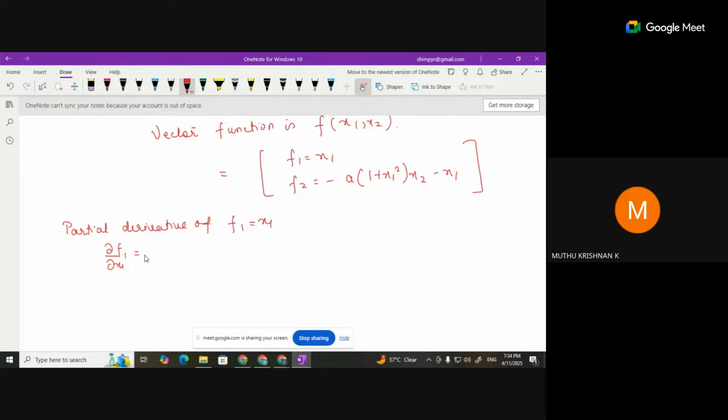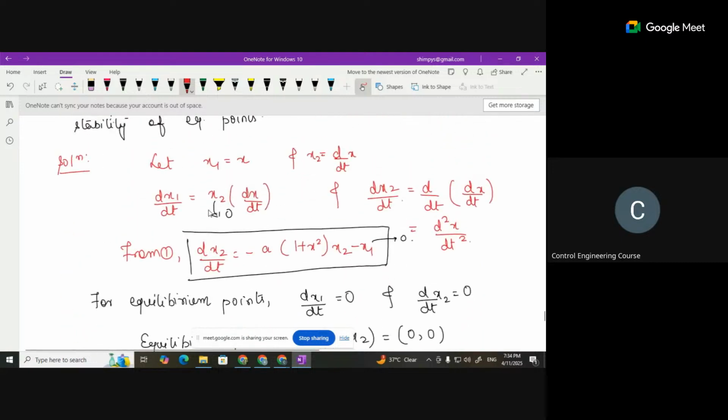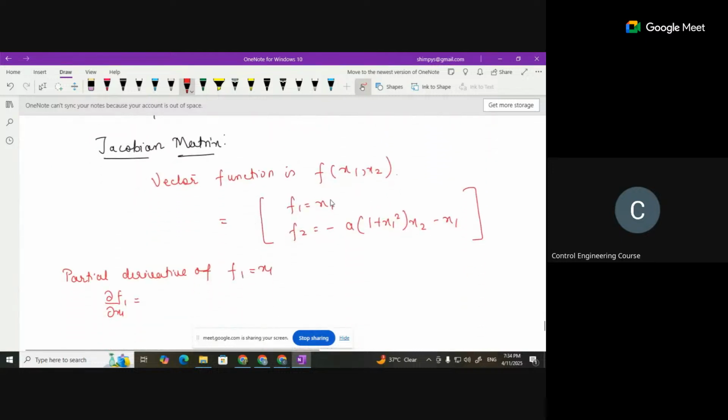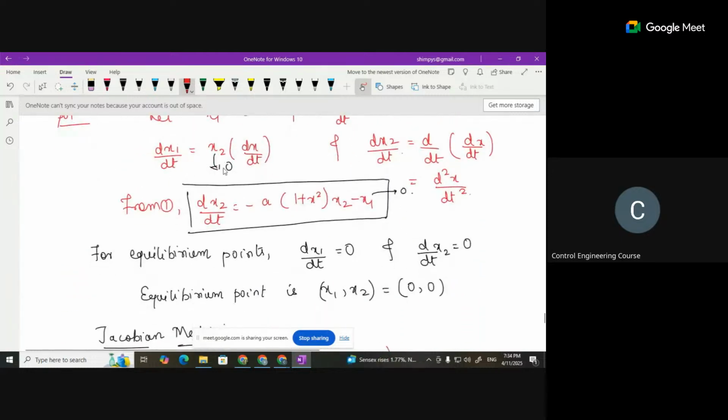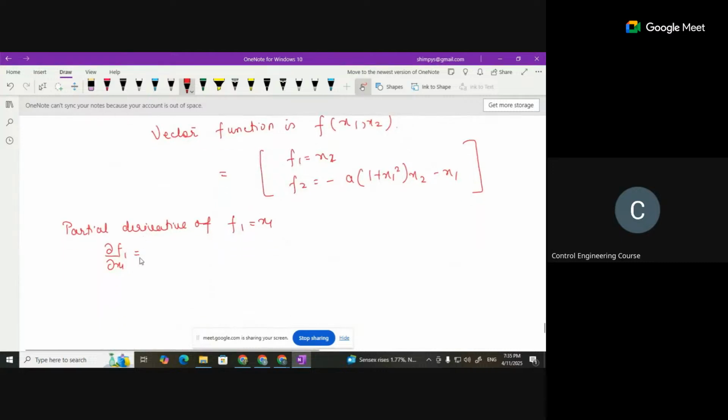I'm sorry, there is a correction here. F1 will be here, this is x2, right? This is not x1. See here, dx1 by dt, this is x2. So del by del x1 of f1 comes out to be 0 now. And what will be del by del x2 of f1? That will be 1, right?